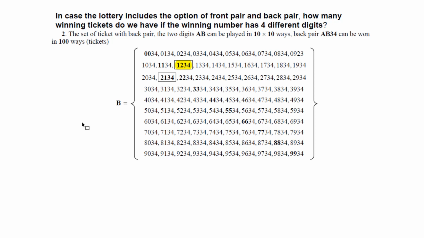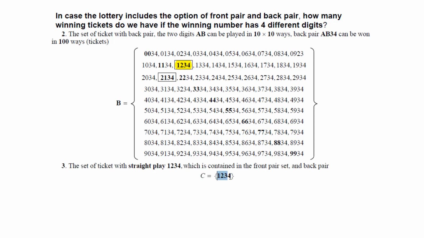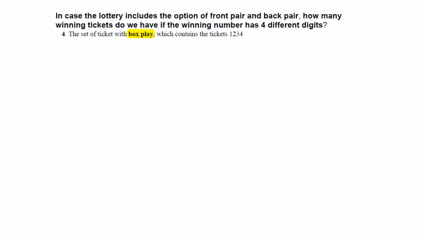We have also the case of a ticket winning by straight play, but in such case this ticket is contained in group B and in group A, so we are not going to count it. So the union of events A, B and C is going to give us only 199 winning tickets. Now we have also another case, and that is the ticket winning by box play.